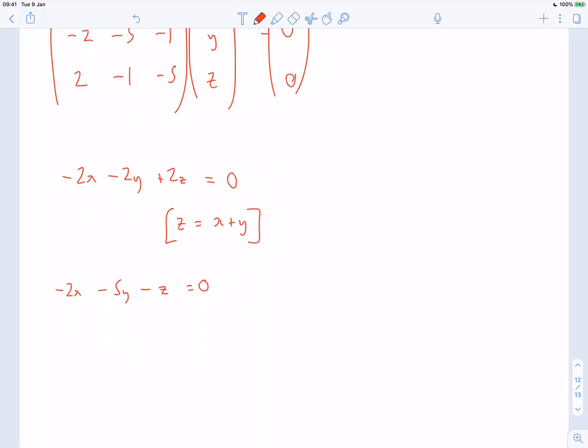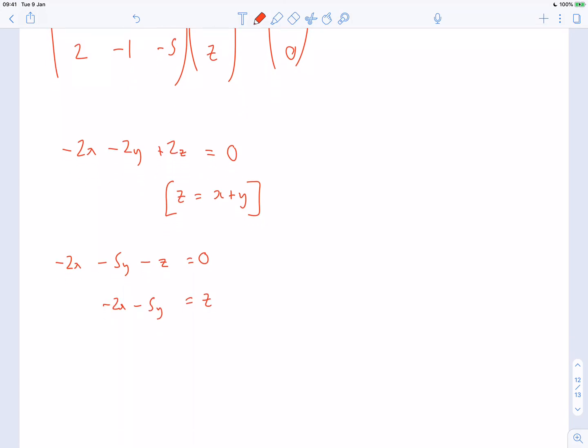So if I add z to both sides, I get z there, and minus 2x minus 5y. And then I remember that z is x plus y, so if I have x plus y equals minus 2x minus 5y, then if I add 2x to both sides, that's 3x. If I minus y from both sides, it's minus 6y. Divide by 3, x equals minus 2y.